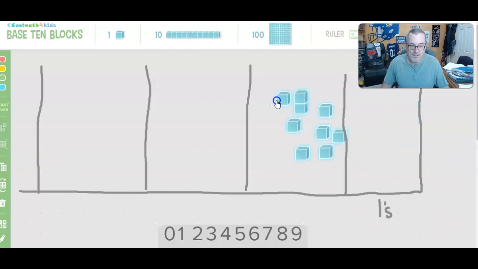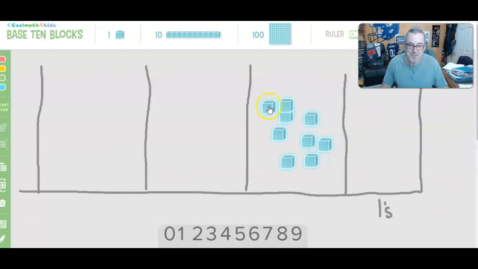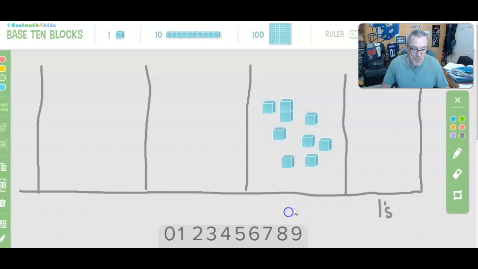Oh, it did. And move them over to the tens place. I was expecting it to make it into a 10. We have to move them over to the tens place. So now we can keep track of how many groups of 10 we have. And so this next column is keeping track of how many bundles or how many groups of 10.